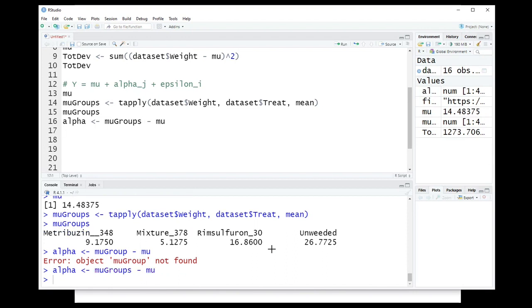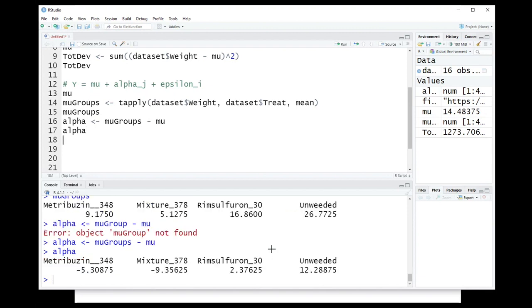So here we go. This is alpha. What do we mean? You see that the effect of treatments is measured considering how the overall mean is moved depending on the treatment. You see that the overall mean with metribuzin is decreased by 5.3 units. With the mixture is decreased by 9.4 units. So we are 9.4 units below the overall mean.